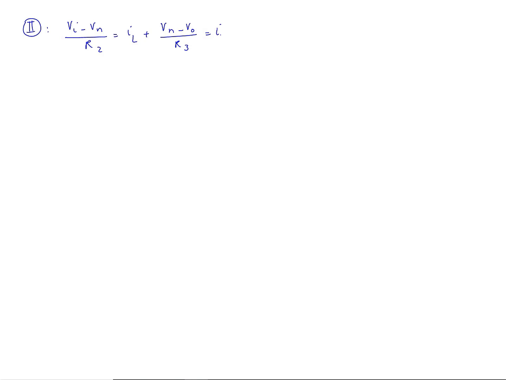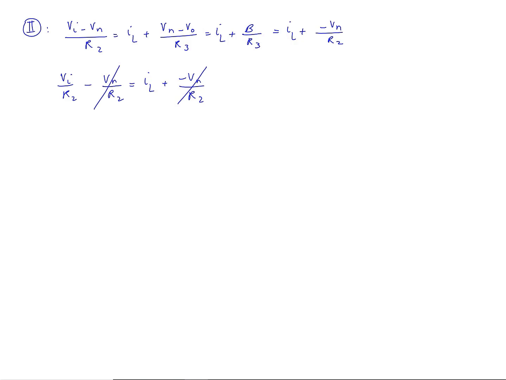That is equal to IL plus B divided by R3. I named the expression Vn minus Vout as B, and that's going to be equal to IL plus negative Vn divided by R2. So I have Vi divided by R2 minus Vn divided by R2 equals IL plus negative Vn divided by R2.